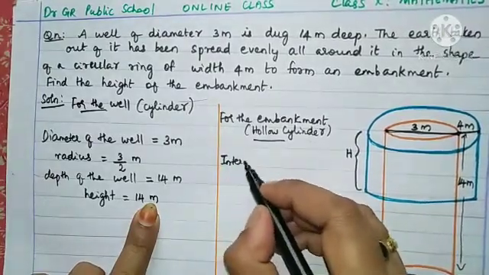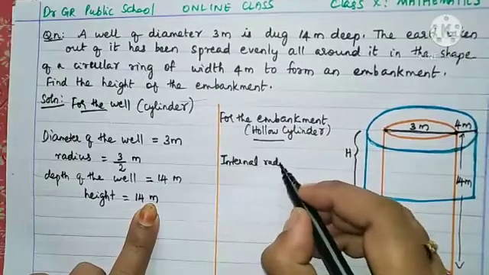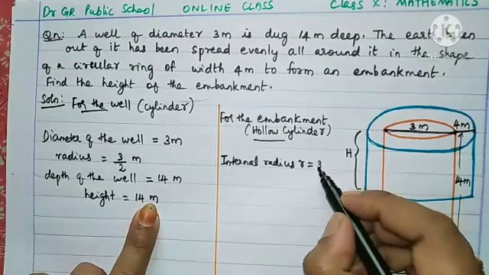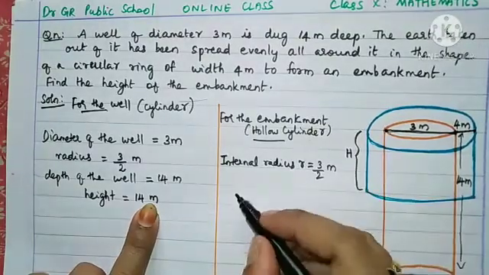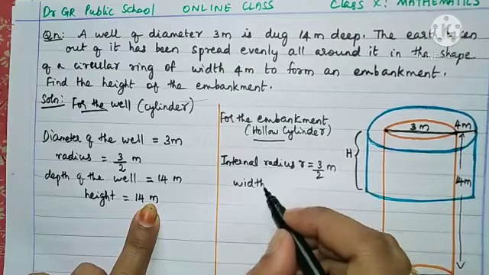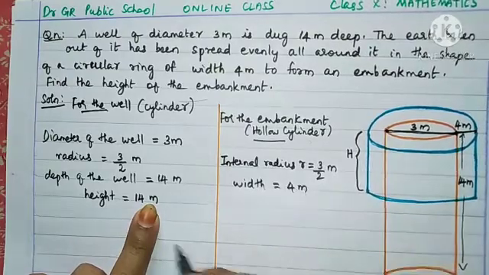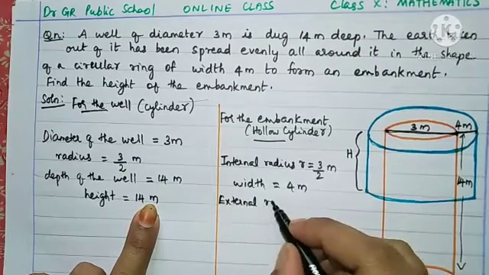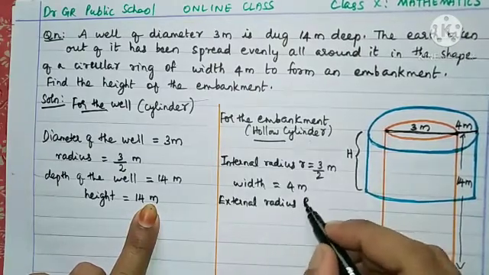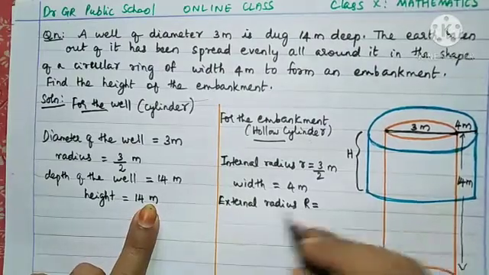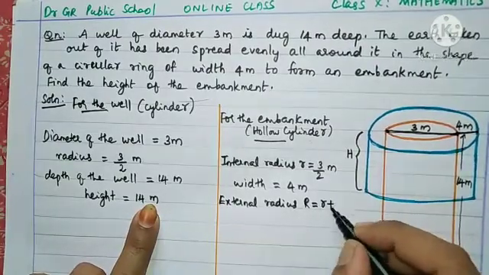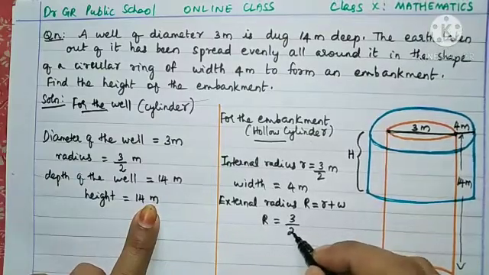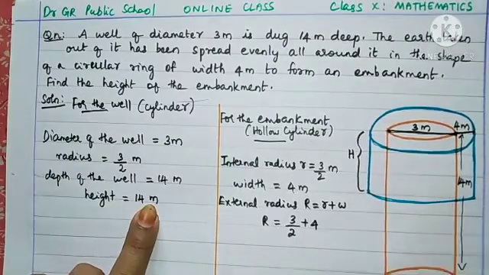Internal radius of the circular ring, that is small r, equals, we found it already, 3 by 2 meters, and the width of the ring is given as 4 meters. So the external radius, that is capital R, is equal to small r plus width, correct? That is, capital R equals 3/2 plus 4.